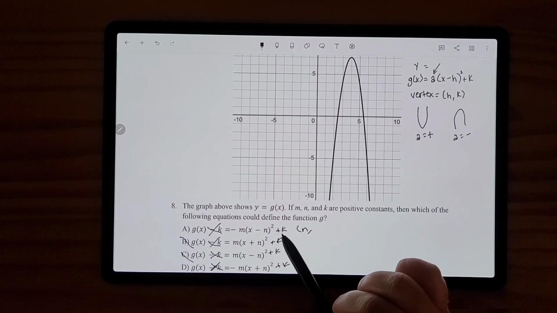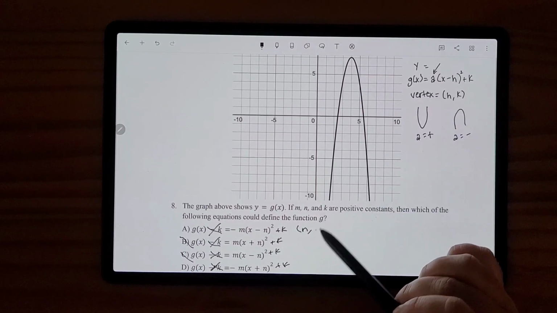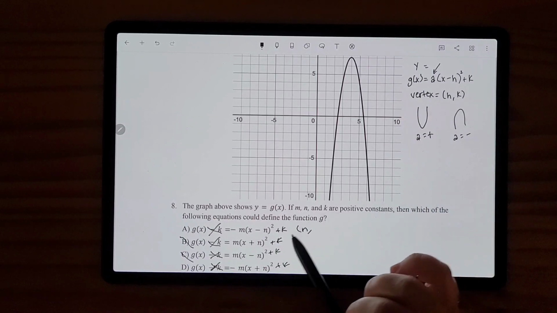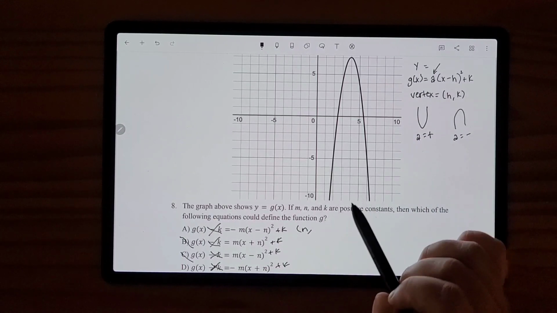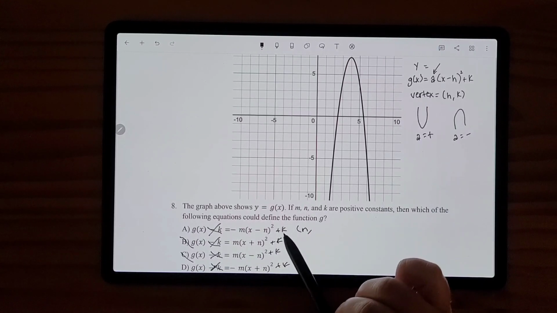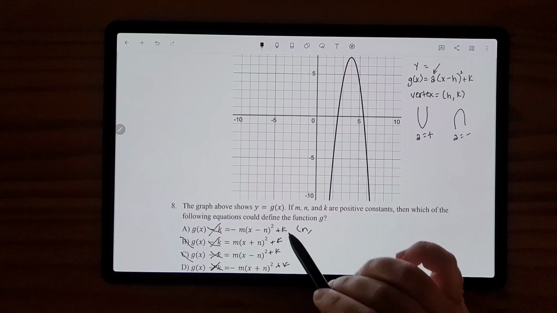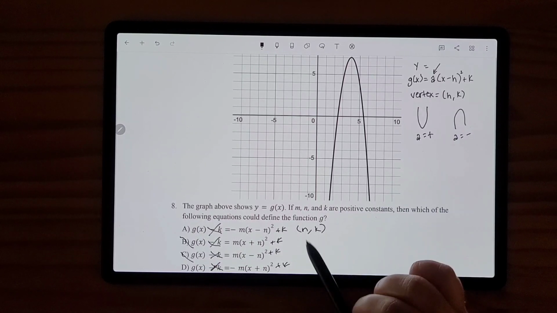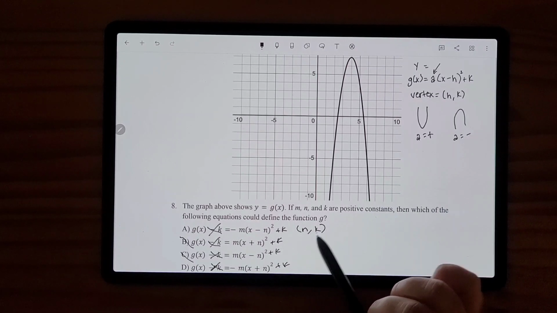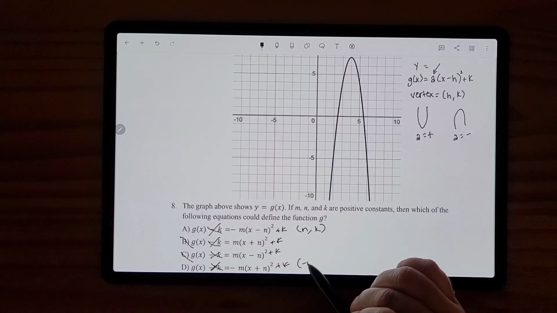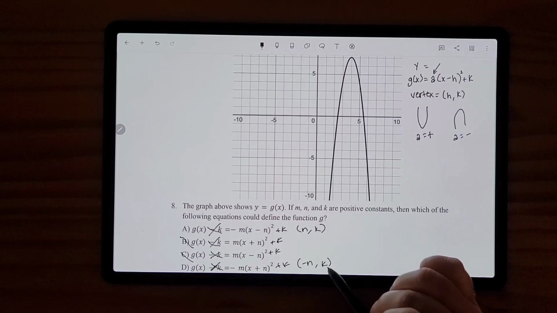And then whatever the y value is, or the k value, is just the regular whatever's floating out here, whatever's being added on the outside. So that would just be regular old k. So for A, the vertex is n comma k. And then if we did the same thing for D, well, the opposite of n is going to be negative n. And then we just have regular k out here.